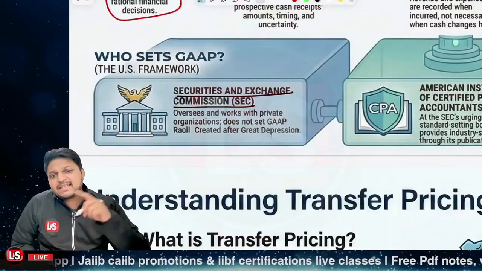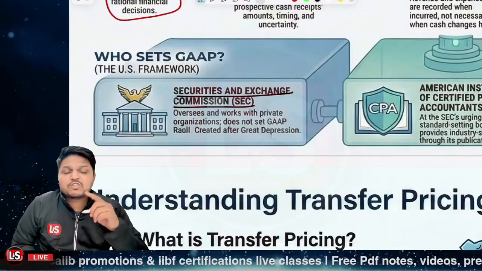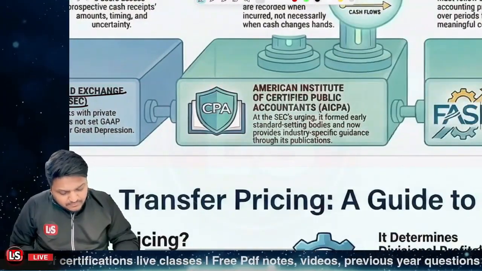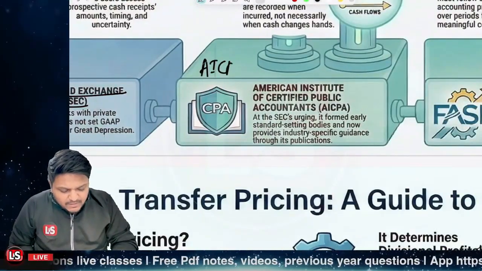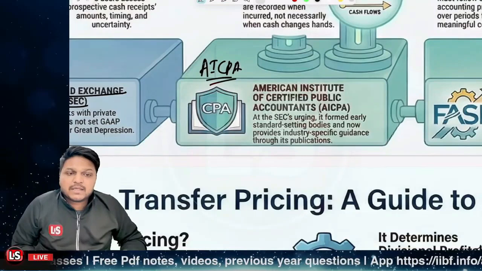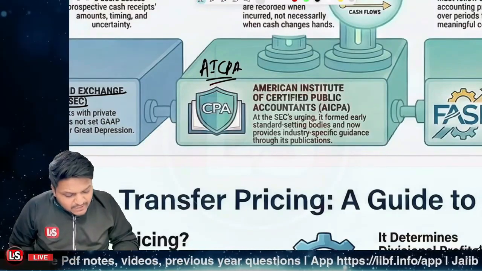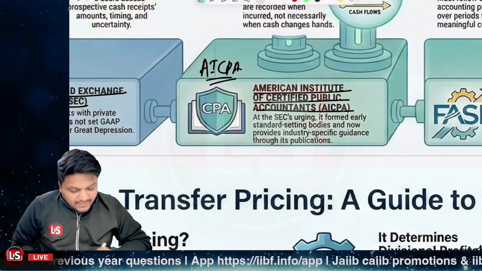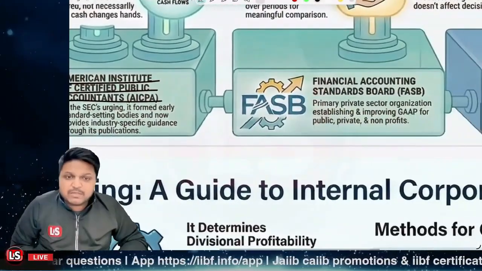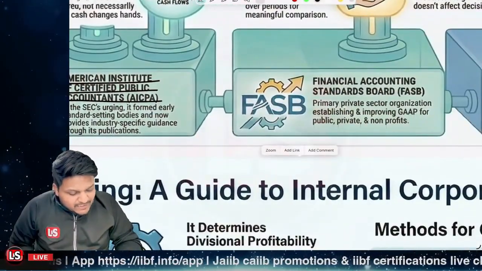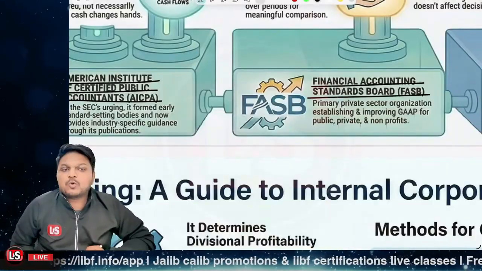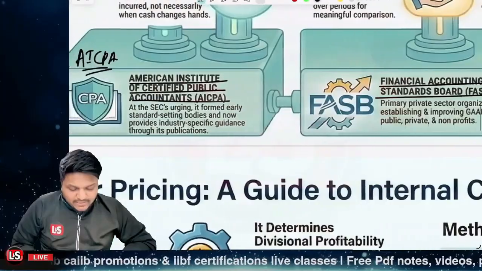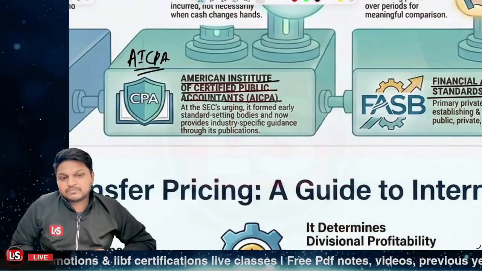And the SEC has actually encouraged the establishment of some bodies like the AICPA. Now, what is the AICPA? The AICPA is the American Institute of Certified Public Accountants, right? And the SEC was also responsible for setting up the FASB, that is the Financial Accounting Standards Board.